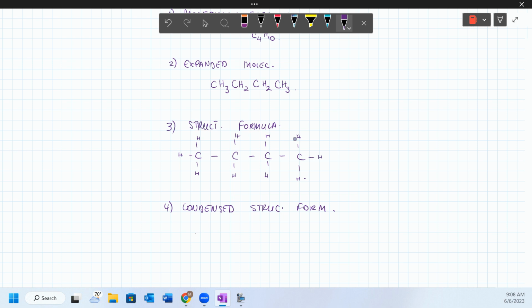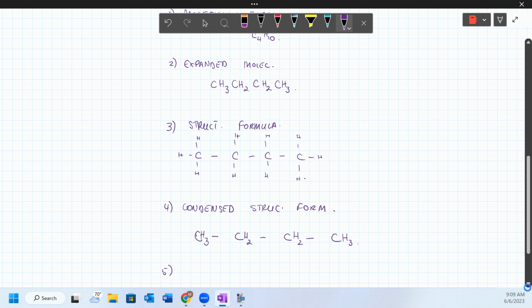So we have carbon, carbon, carbon, carbon, and the first carbon has 3, the second one has 2, the third one has 2, and the last one has 3 hydrogen.